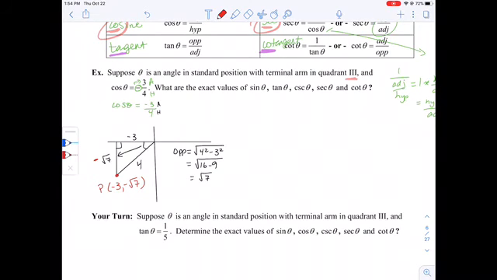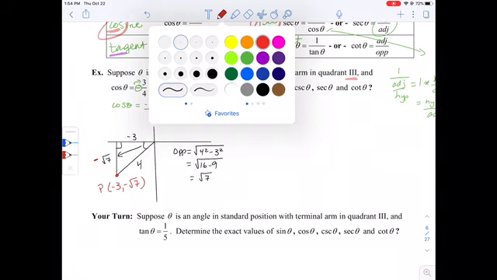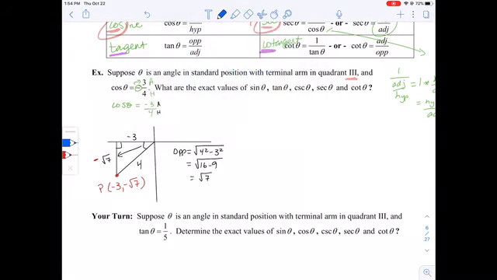Now that we've got all of our triangle sides calculated, I know that this one here, let's just do this in blue, this would be the opposite, and this would be the adjacent, and this would be the hypotenuse. So now that we have all those, we can figure out our exact values. So sine of theta would be -√7 over 4, the opposite over the hypotenuse.